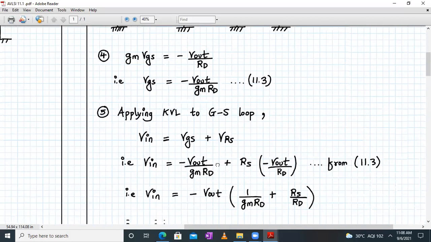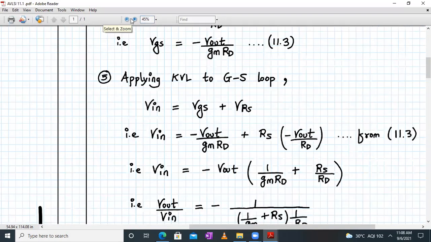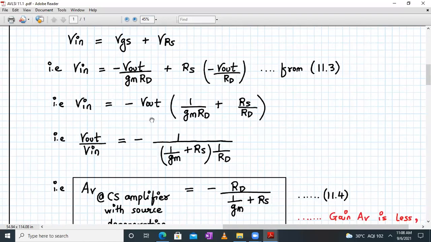And here we are clubbing the terms of Vout together. So we get Vin is equal to minus Vout into 1 upon gm into RD plus RS upon RD. Okay, let me just slightly maximize this. Yeah. So now we take the Vout upon Vin ratio.